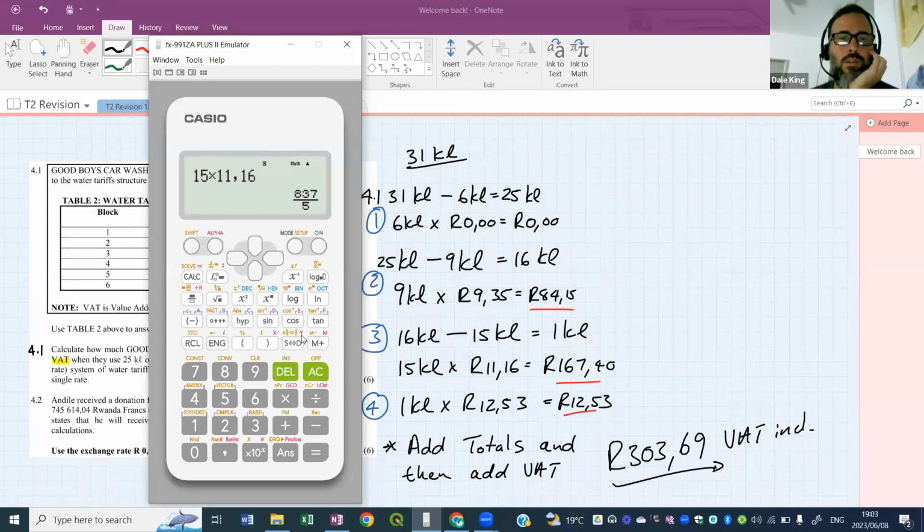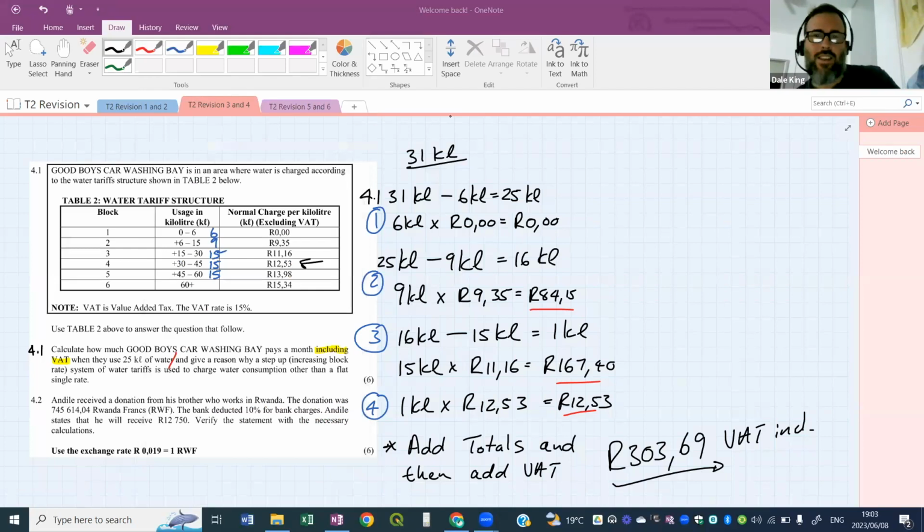Maybe I did it wrong. Oh, I wrote the wrong one. I wrote 167.14. Sorry, sir. That's okay. Not a problem. That's fine. No problem. It's fine if you make a little mistake like that. As long as you know the method and you understand what you're doing, you're going to be fine for the exam. Thanks, Emmanuel.